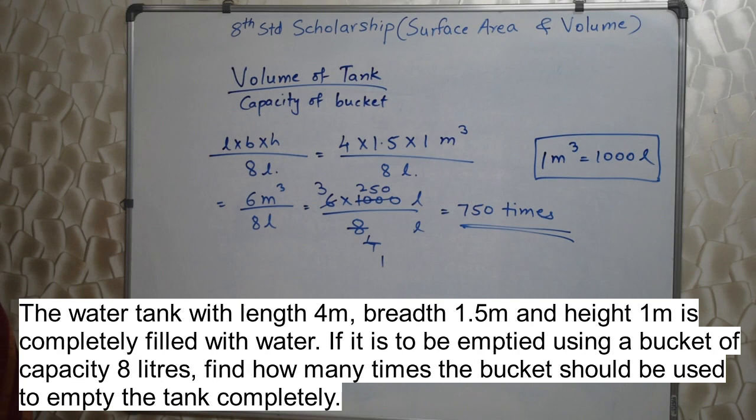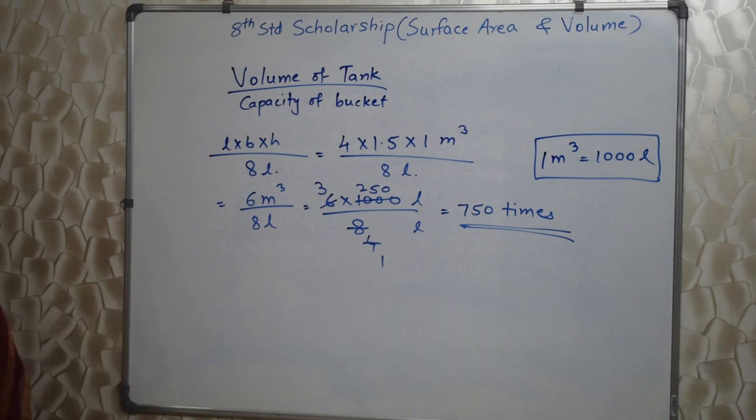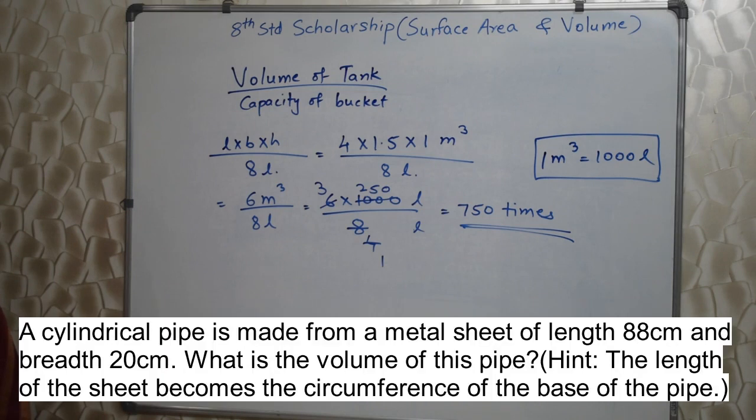Let's go ahead. Next sum. A cylindrical pipe is made from a metal sheet of length 88 cm and breadth 20 cm. What is the volume of this pipe? Hint is, the length of the sheet becomes the circumference of the base of the pipe. If this hint is not given, you have to assume that. Okay?